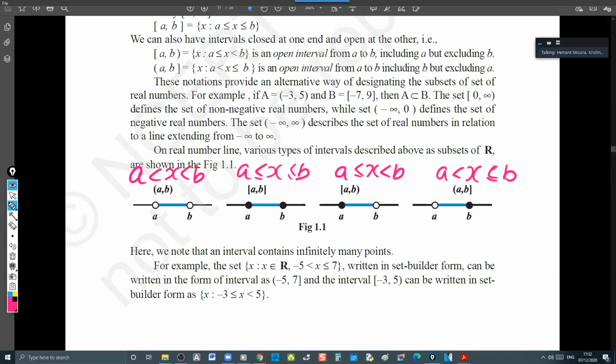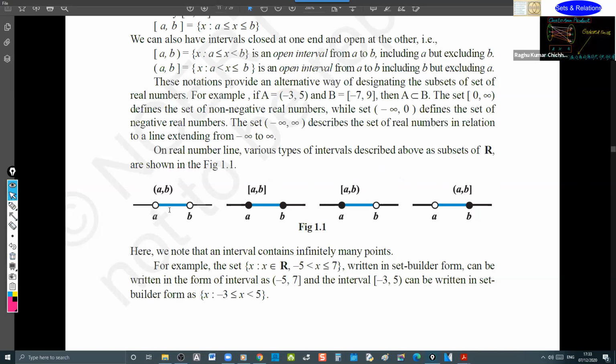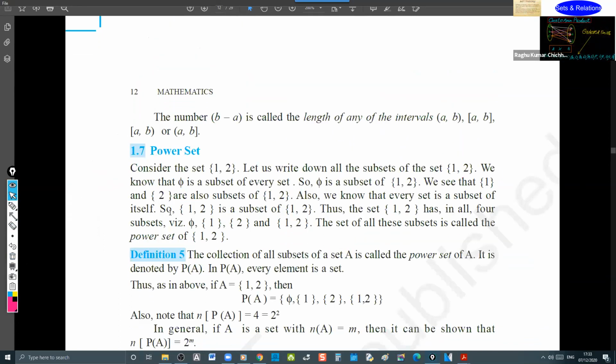Wherever equality is there, it accepts. Wherever equality is not there, it is open. Both are closed and both are open. These are the interval notations we use in the problems.